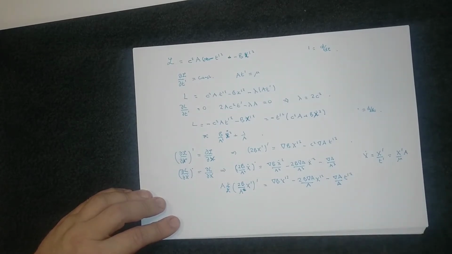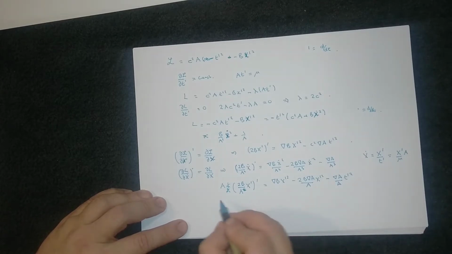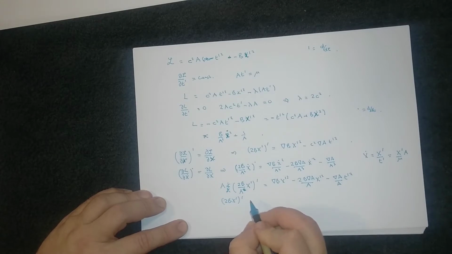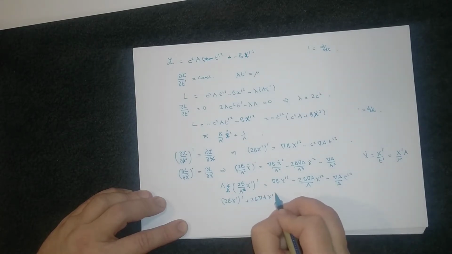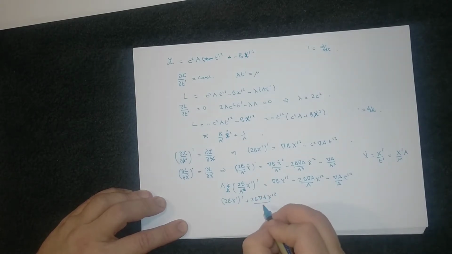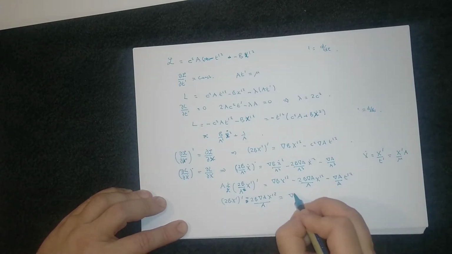I've divided it through by mu squared in this equation. On this side we have 2b x prime, that's differentiating that top, differentiating the bottom we're going to get plus 2b grad a x prime squared over a squared times a, and there's going to be a minus sign in there, is equal to grad b.